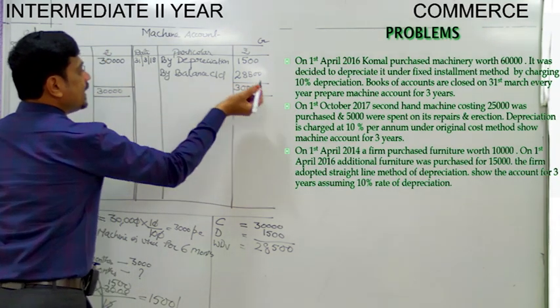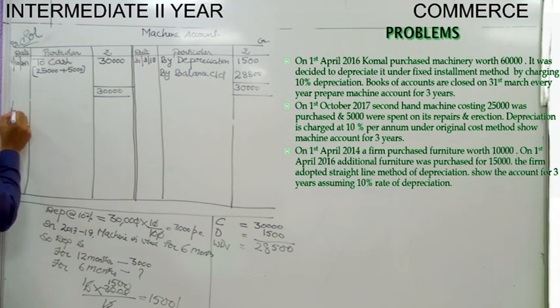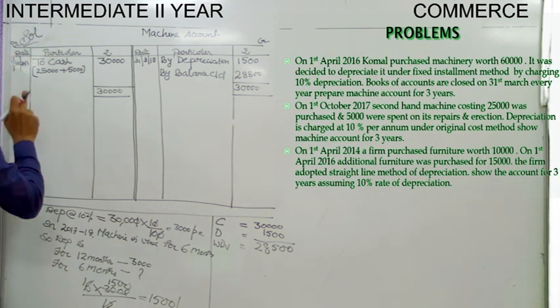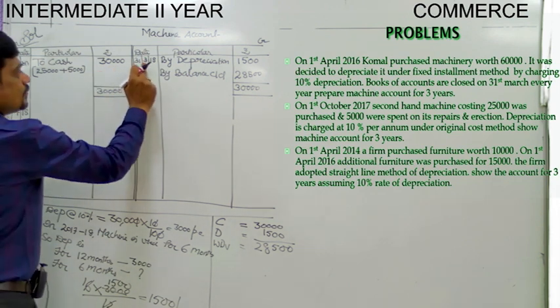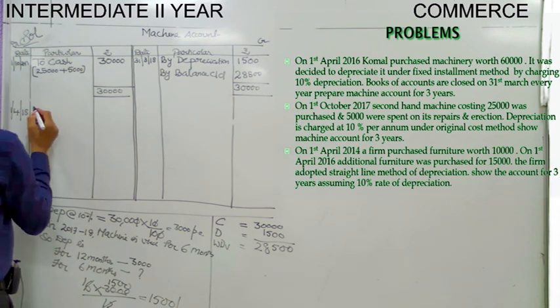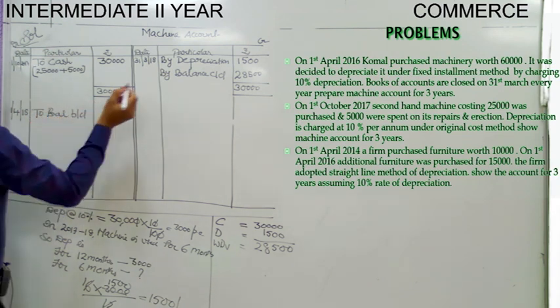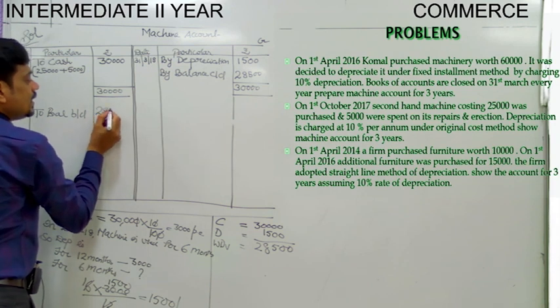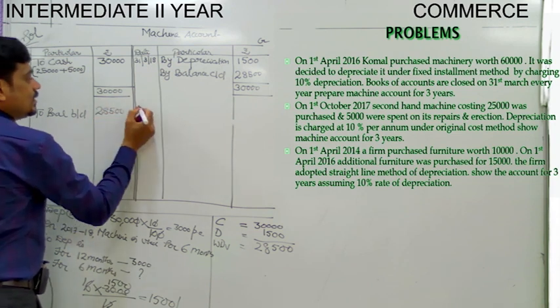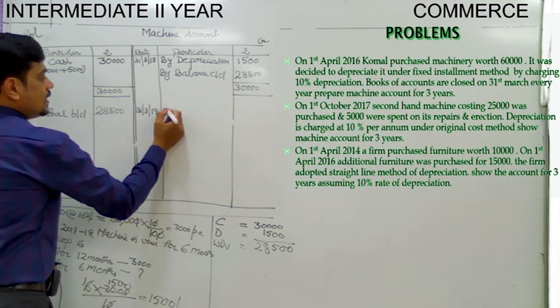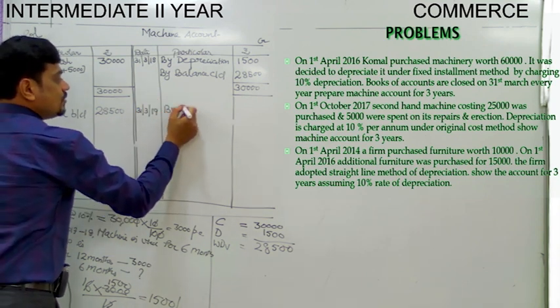One year completed. Come to the second year. 1st April 2018. Don't get confused with October. Here we have balanced on March, so it will start in April. To balance brought down, how much? 28,500. Again, 31st March 2019, I'll charge depreciation.